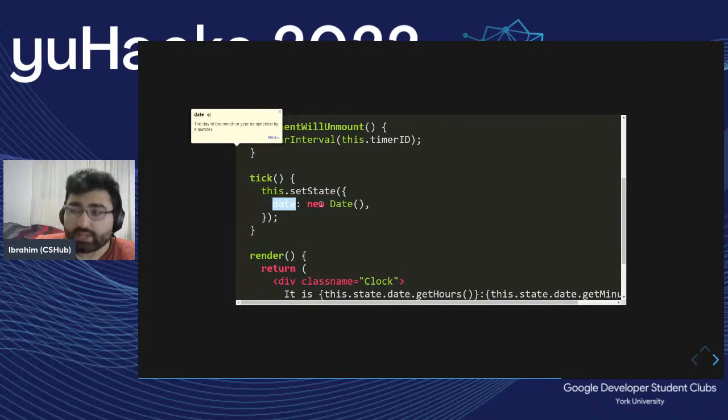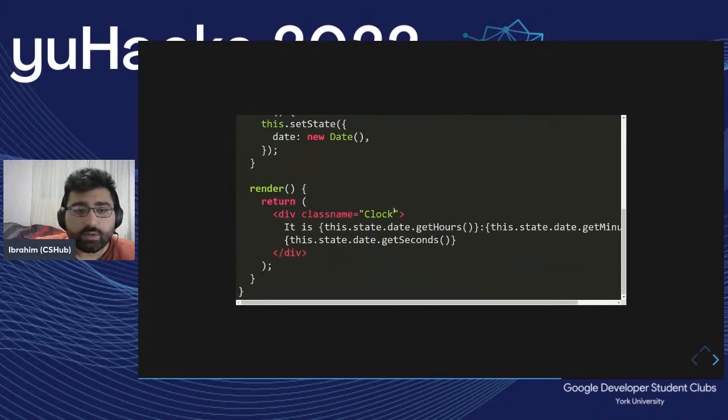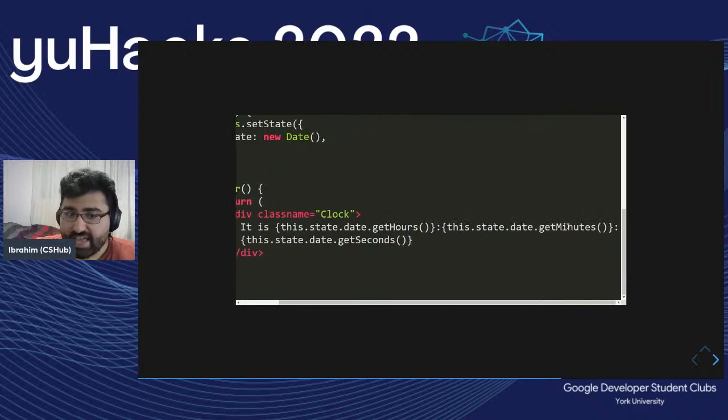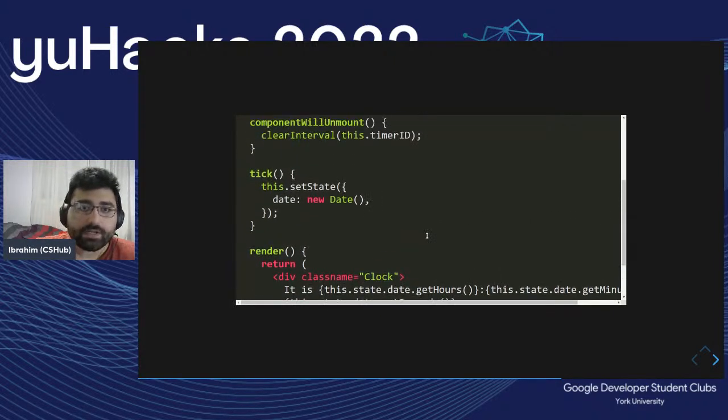Remember, date when called gives you the current time, and so every second we are getting the new time. Finally, we just render it. So we access the state and access the date, and then just get the hours, minutes, and seconds.